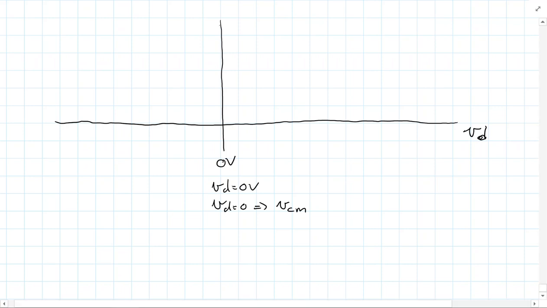So if we think about it here, if we have this being 1 milliamp, then at 0 volts, we know that the current just divides equally between them.